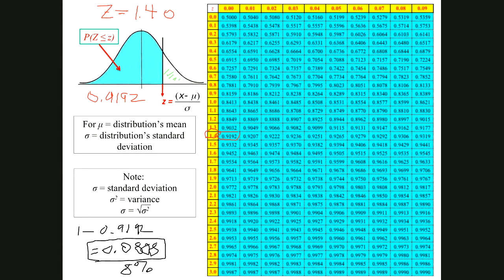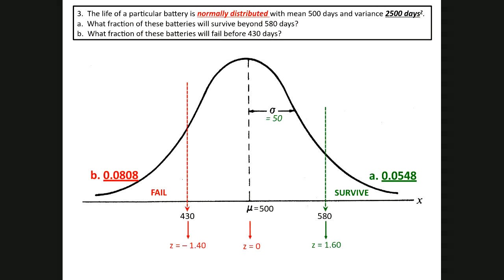So all of this is summarized on the next chart. And again, as you can see, the green area to the right here is what we calculated where the batteries live more than 580 days, and the area to the left of 430 here is an 8% chance of battery failure.